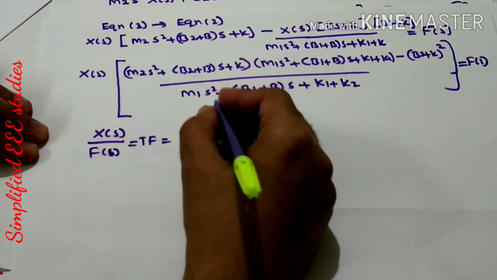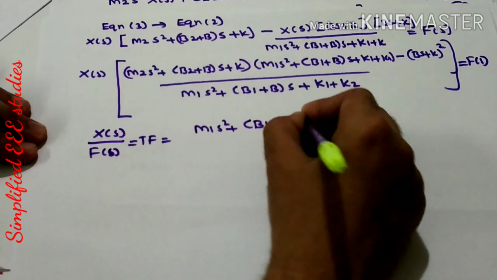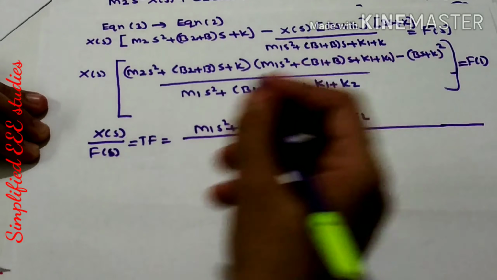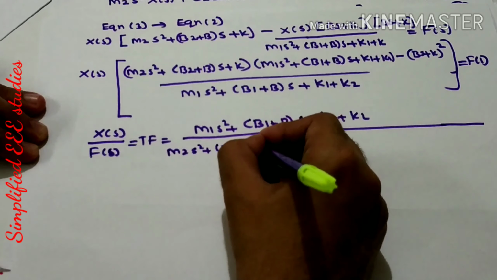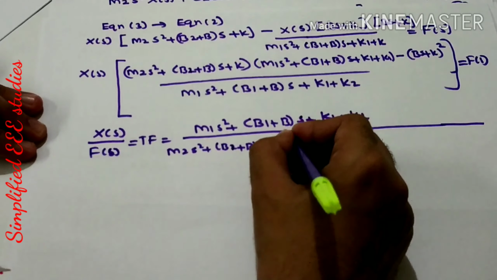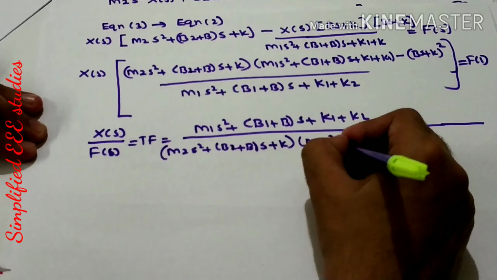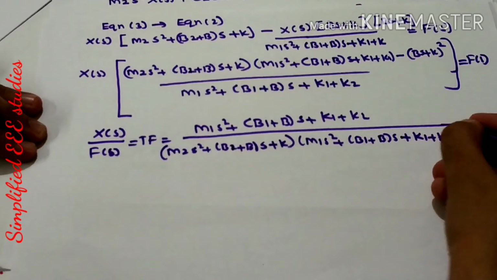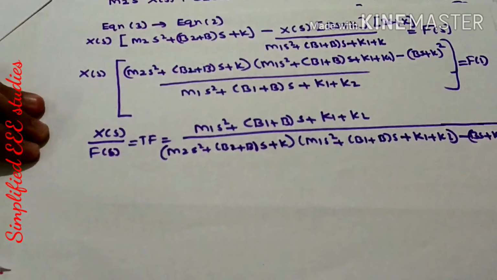That implies (m1 s² + (b1 + b) s + k1 + k2) whole divided by ((m2 s² + (b2 + b) s + k) × (m1 s² + (b1 + b) s + k1 + k2) − (bs + k)²).